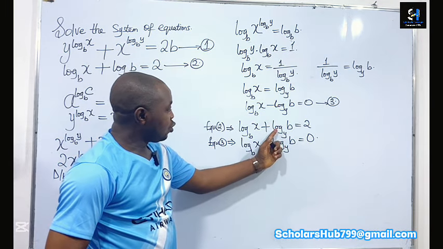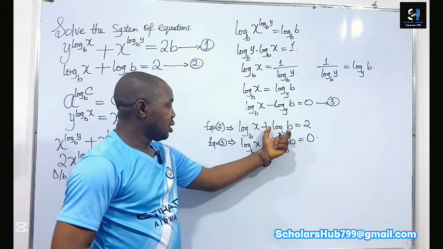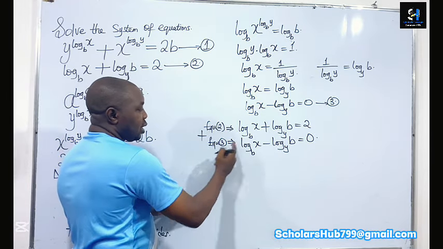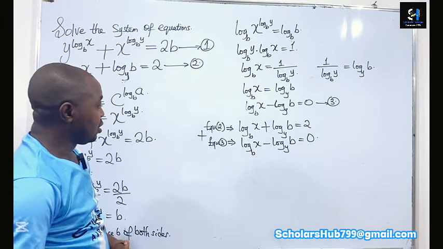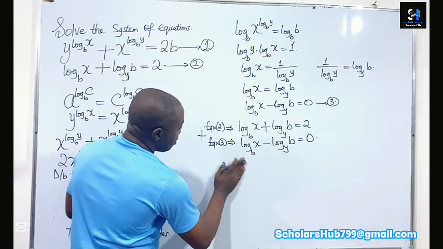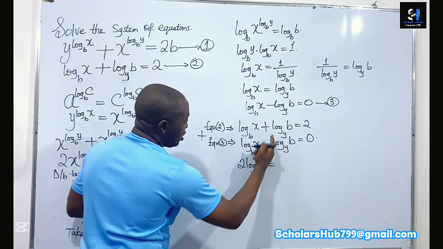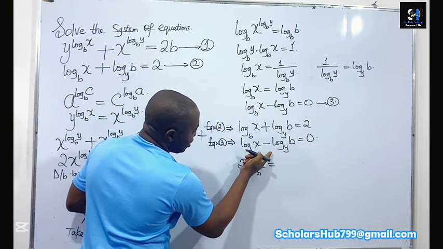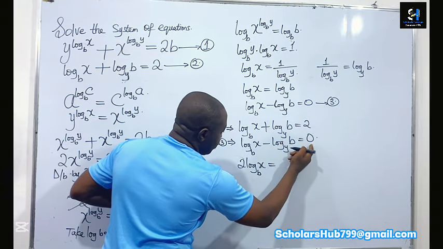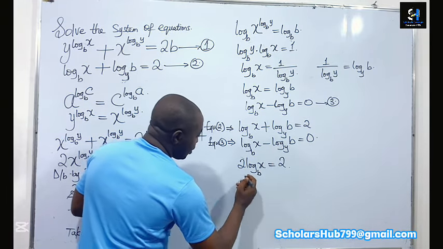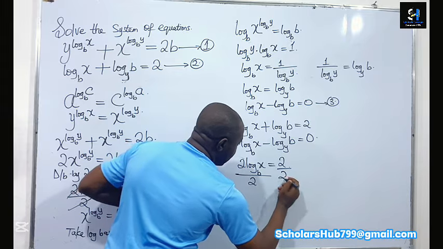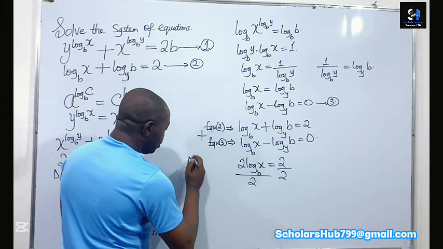To get rid of log base y of b, I'm going to add equation 2 and equation 3. So this becomes 2 log base b of x, and when we add this together, this will be 0, and 2 plus 0 is 2. So now I can divide both sides by 2.